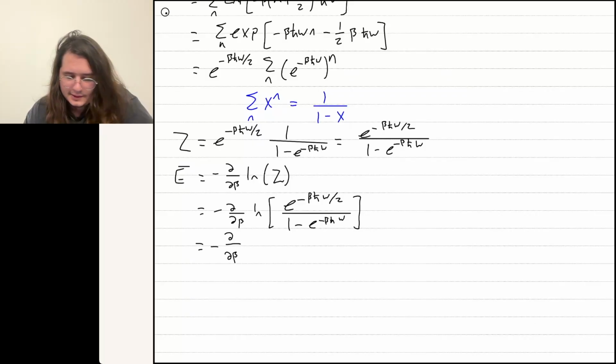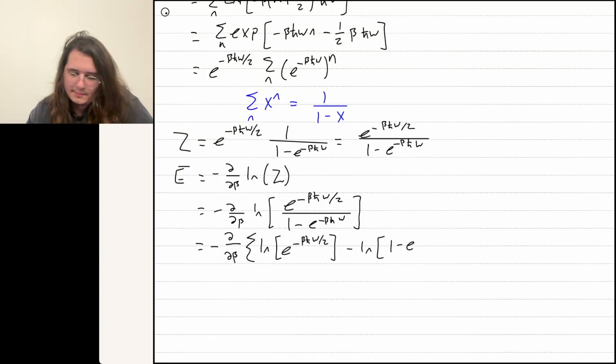So it's del beta, and then I'm going to create some big braces. Natural log: whenever you have natural logs and the arguments are being divided, you can split it up as the top one minus the bottom one. So natural log e to the minus beta h bar omega over 2 minus natural log of 1 minus e to the minus beta h bar omega.